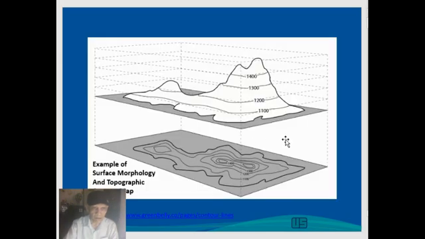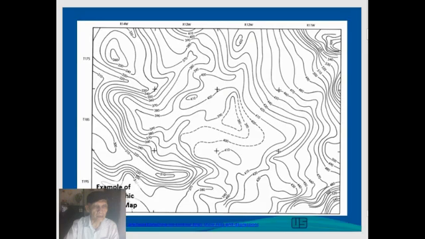This is an example of the morphology of a hill or a basin. Points with the same height are connected with a contour line, and this is the topographic map for this morphology. This is also an example of a topographic map.